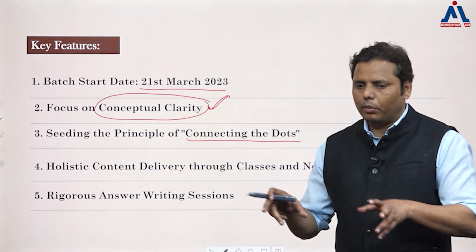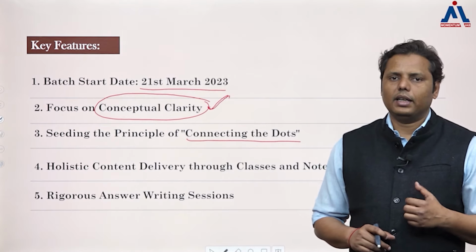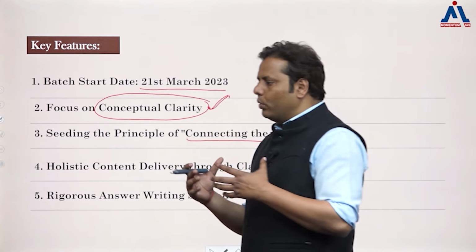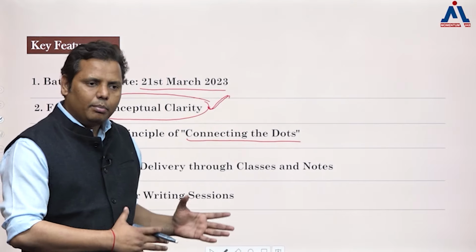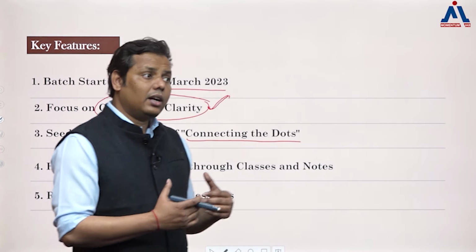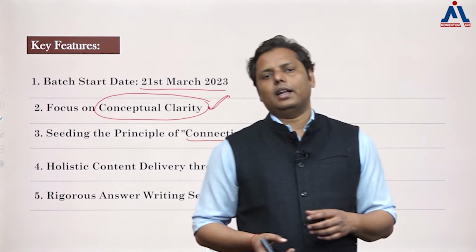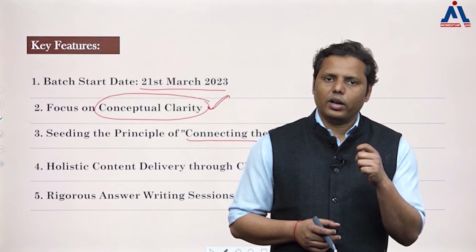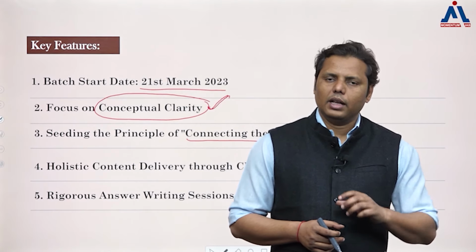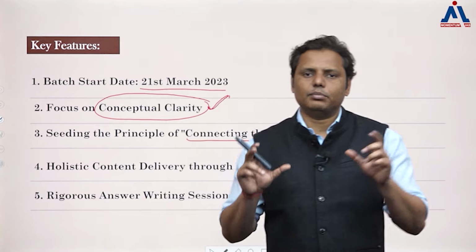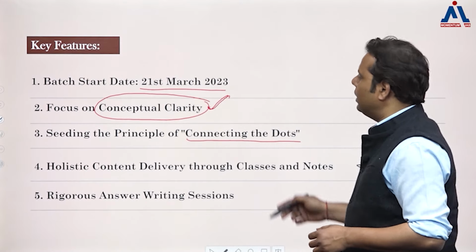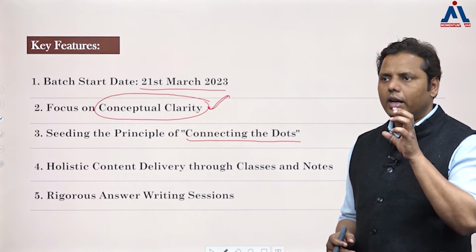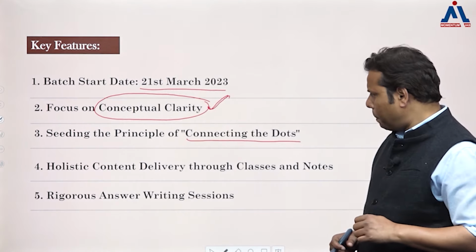You saw that questions are coming on this topic, you read it, fine. But the moment it comes to connecting the dots, where you need to connect one period from another period, or one topic with another topic, in that situation you face a problem. When it comes to scoring well in the optional, I think connecting the dots is very important. So we'll be precisely focusing on connecting the dots also, so that we can really comprehend and cope with the questions being asked.